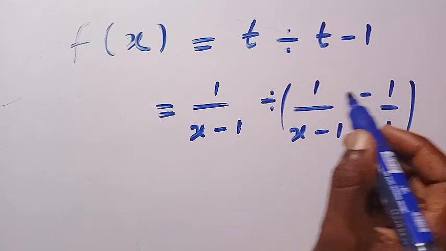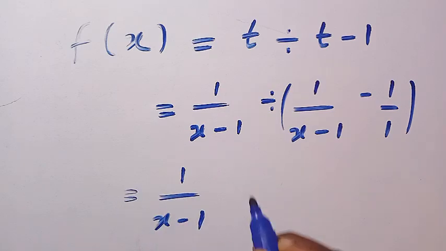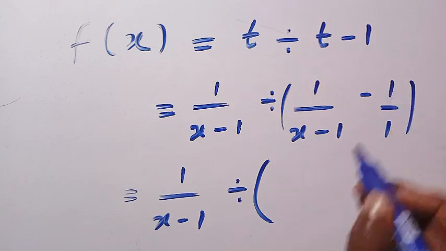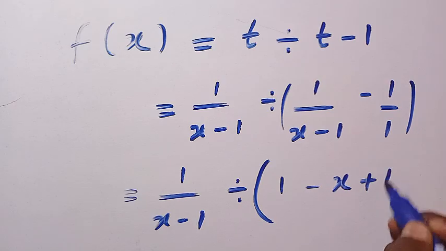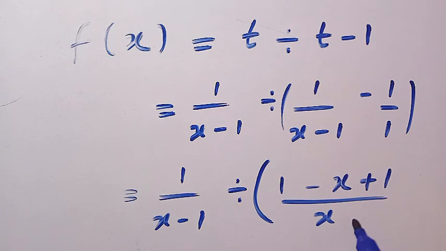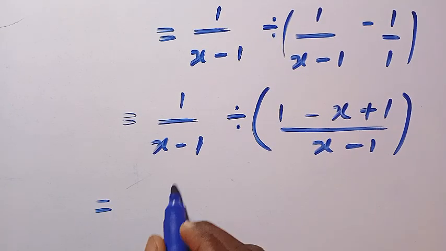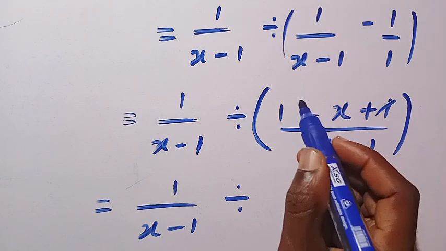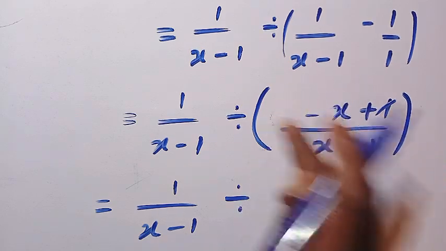Alright, so here we have to find the LCM. We have 1 divided by (x minus 1), then divided by an open bracket. We multiply (x minus 1) with minus 1, and here we have 1 minus, so we have minus x plus 1 over (x minus 1), all in the bracket. The minus 1 becomes plus, so it will not cancel, sorry.